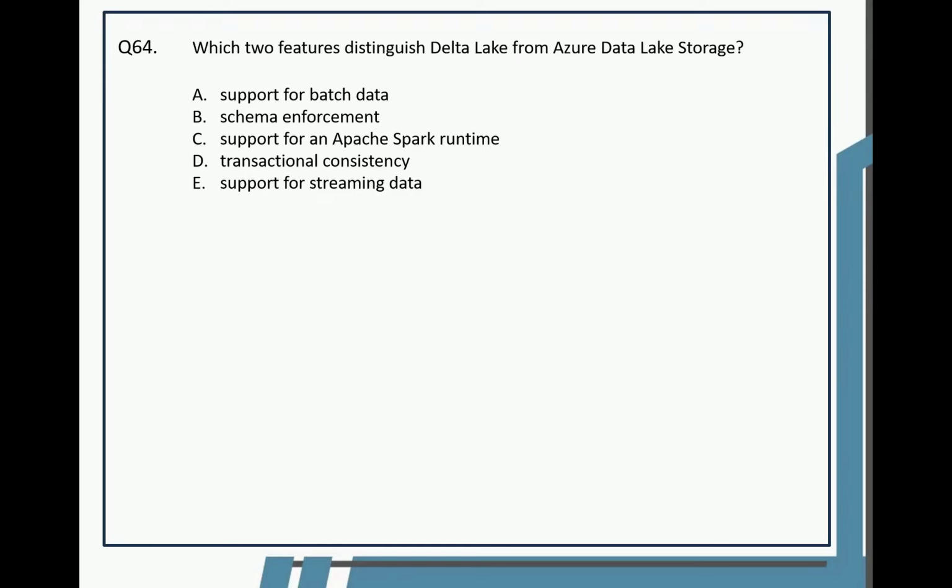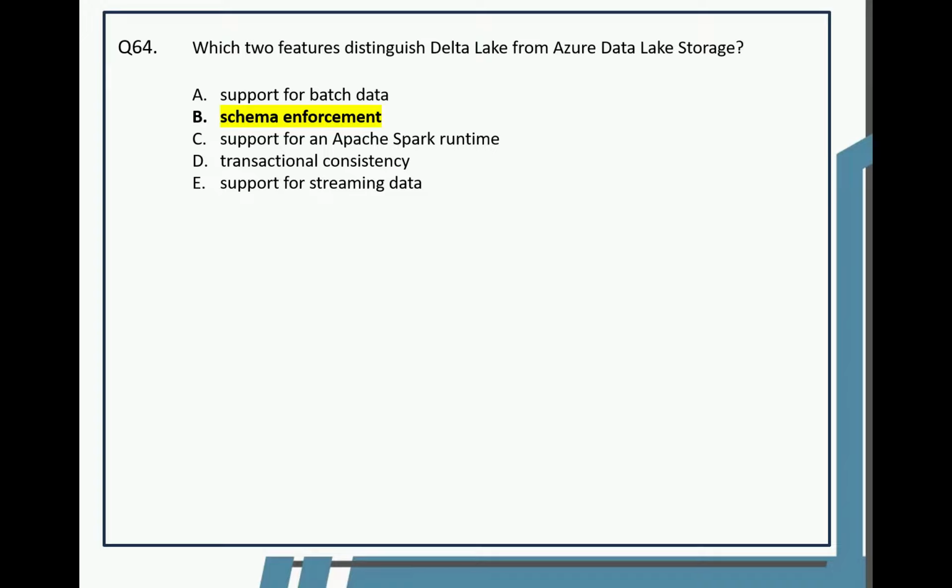Now, friends, there is a link on your screen which you can use to read more about notebooks in Azure Databricks. Okay, in question number 64, we need to identify two features that distinguish Delta Lake from Azure Data Lake Storage. Options are support for batch data, schema enforcement, support for an Apache Spark runtime, transactional consistency, support for streaming data. Now, folks, Delta Lake enforces schema validation when writing data.